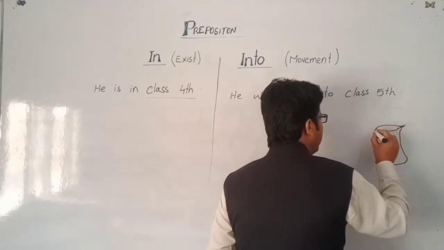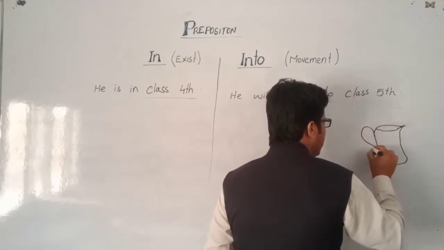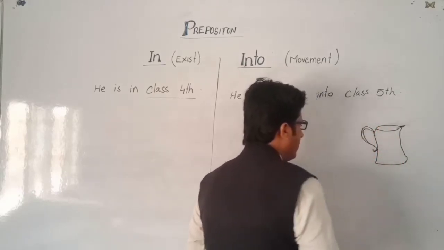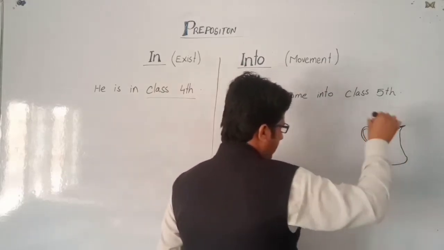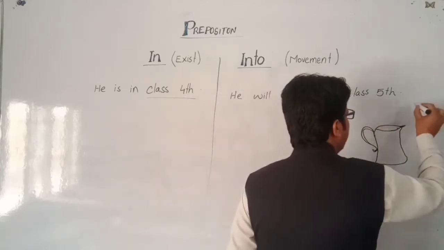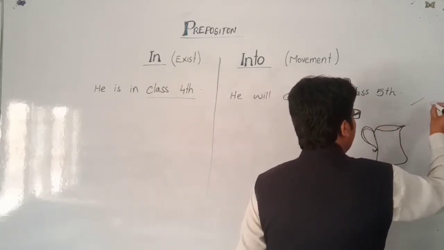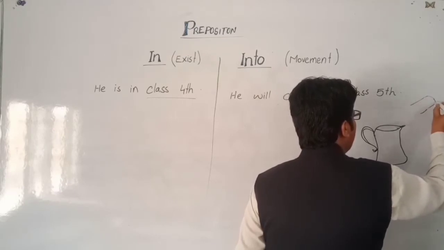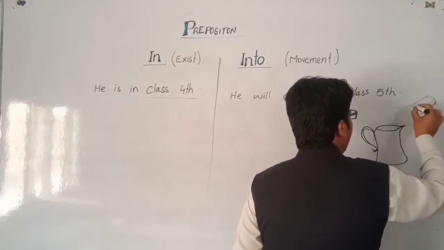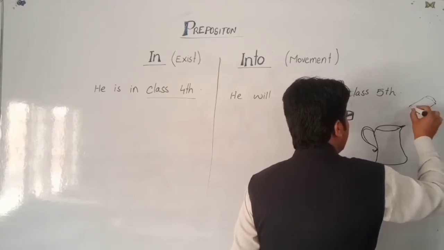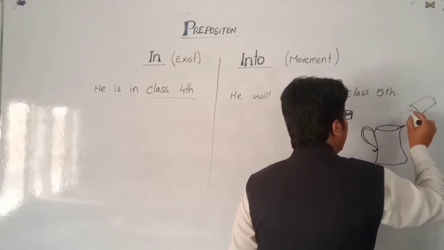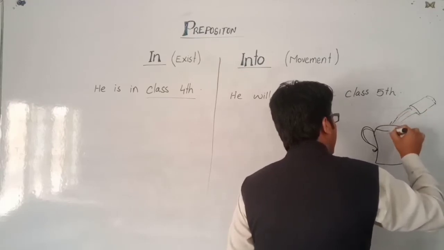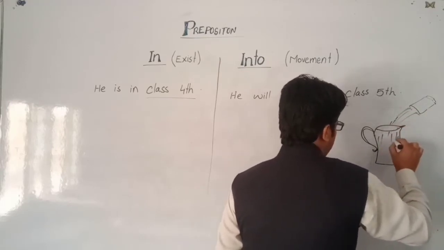We have a jug. I am pouring water into it, such as, look over here, we have a glass. I am pouring water into the jug.